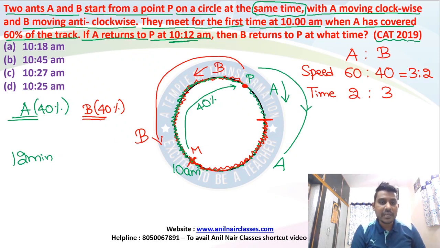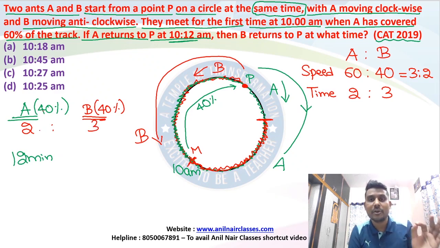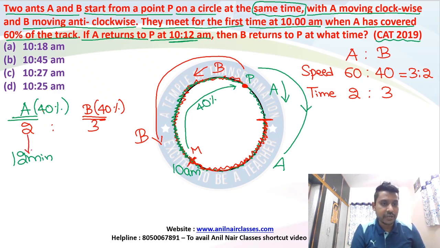So, for 40%, how much time will it take? According to ratio, time ratio of A to B is 2:3. To cover 40%, A will take 2 minutes according to ratio. According to the question, 12 minutes. 2 into 6 is 12. To cover the same 40%, B will take 3 minutes according to ratio. According to the question, 18 minutes.